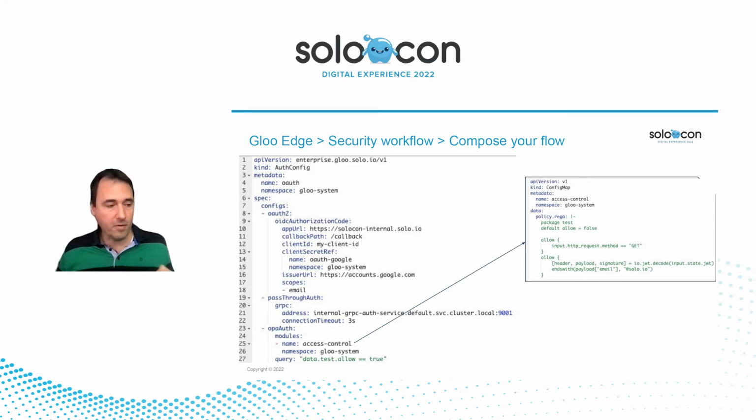To compose your own flow, you need to use the AuthConfig CRD. And in the AuthConfig CRD, you have an array of steps. So in this case, the first step is an OAuth authentication with a Google account, and then you get a token.